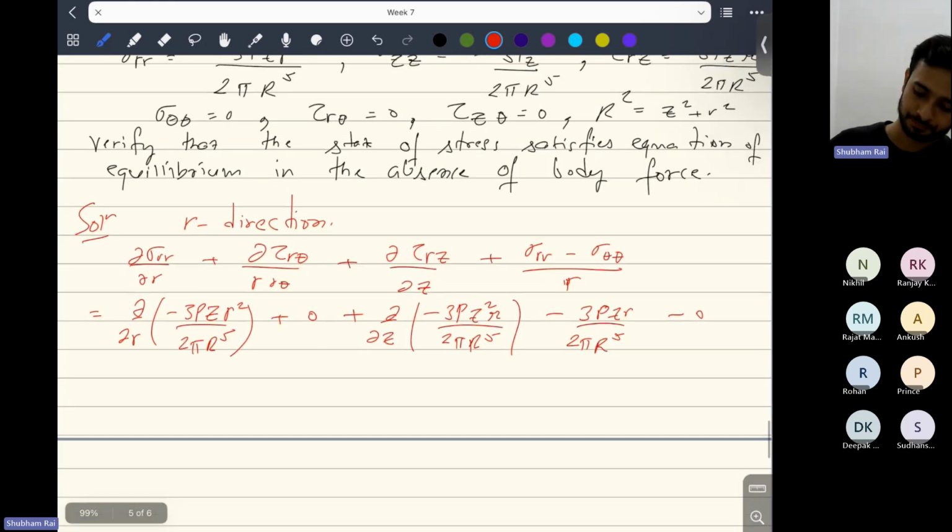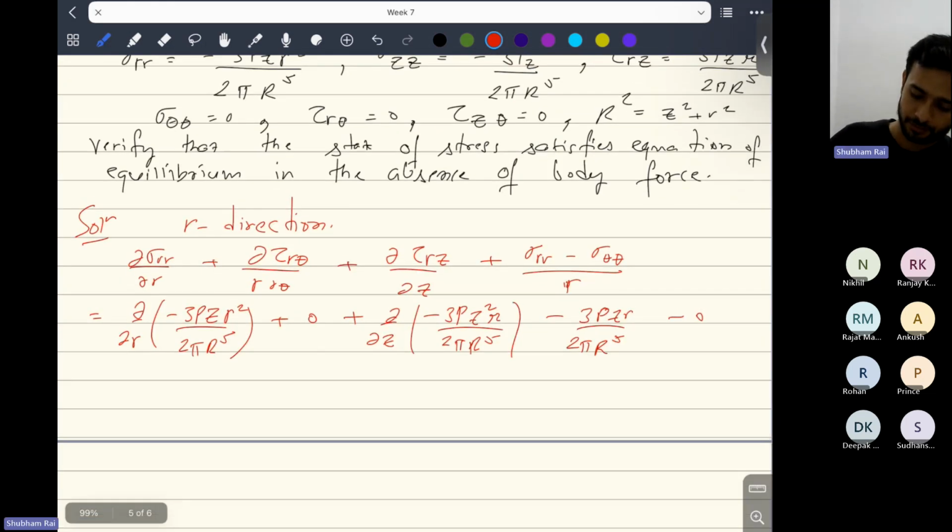So let me just differentiate. So we have to apply the product rule. So here minus 3p over 2 pi is constant, so I'm taking this outside. And here, what will you get? Firstly, you will differentiate small r. So z is independent of small r, so z will come outside, and then you differentiate small r square.